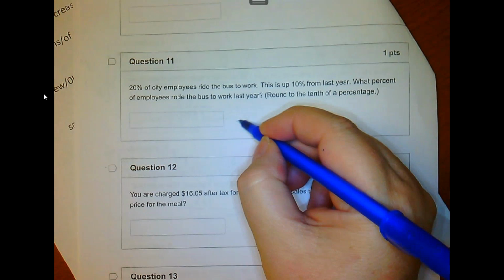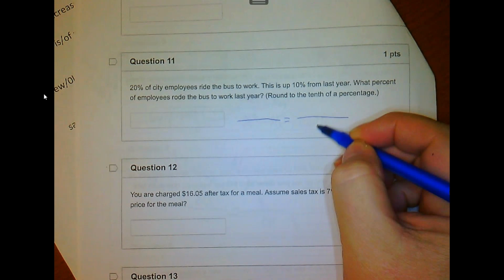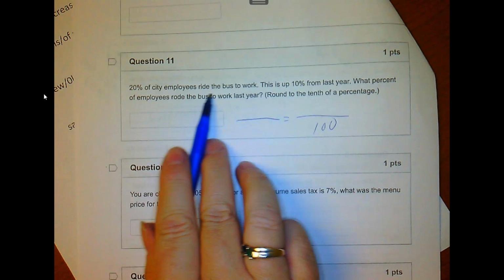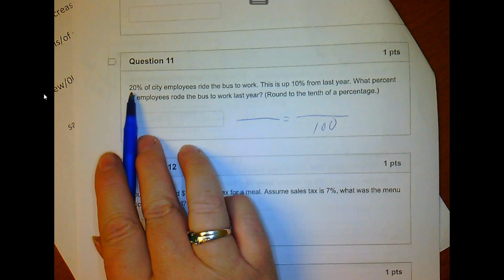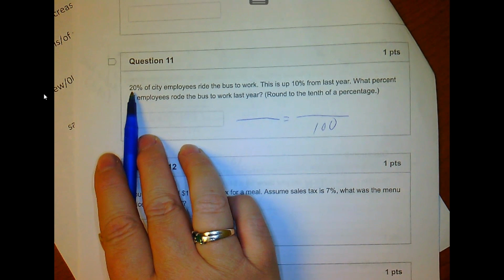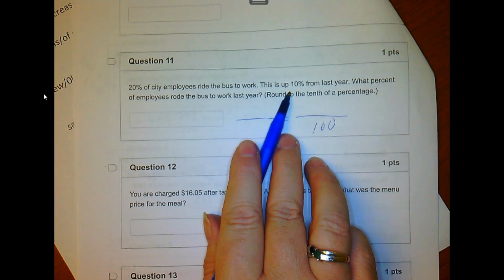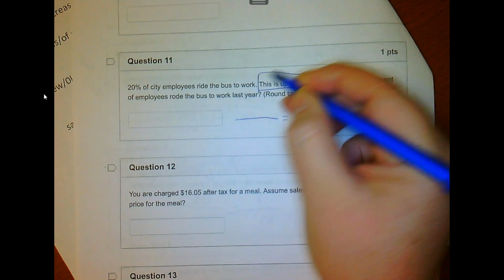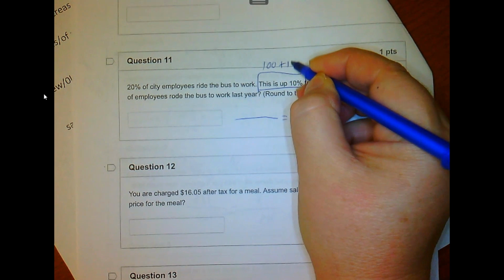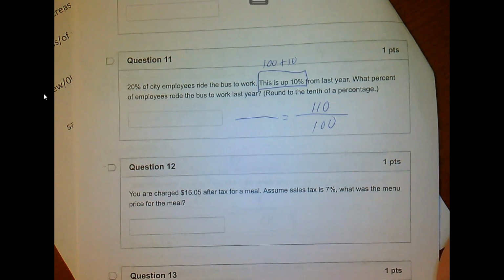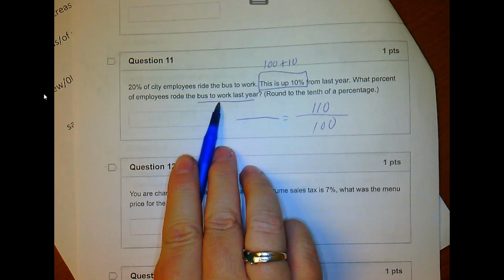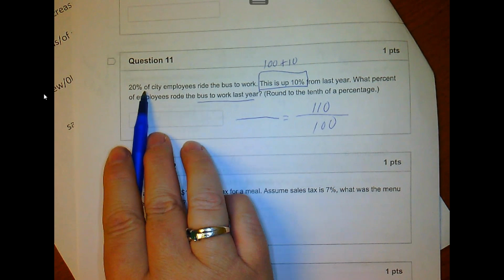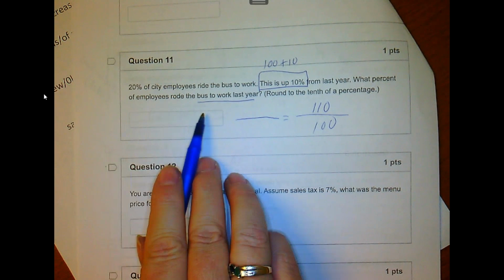So 11. Okay. 20% ride the bus to work. That's data, not our increase or decrease. This is up 10%. There's our increase. What percent rode the bus to work last year? So this is this year, and it's up from last year.